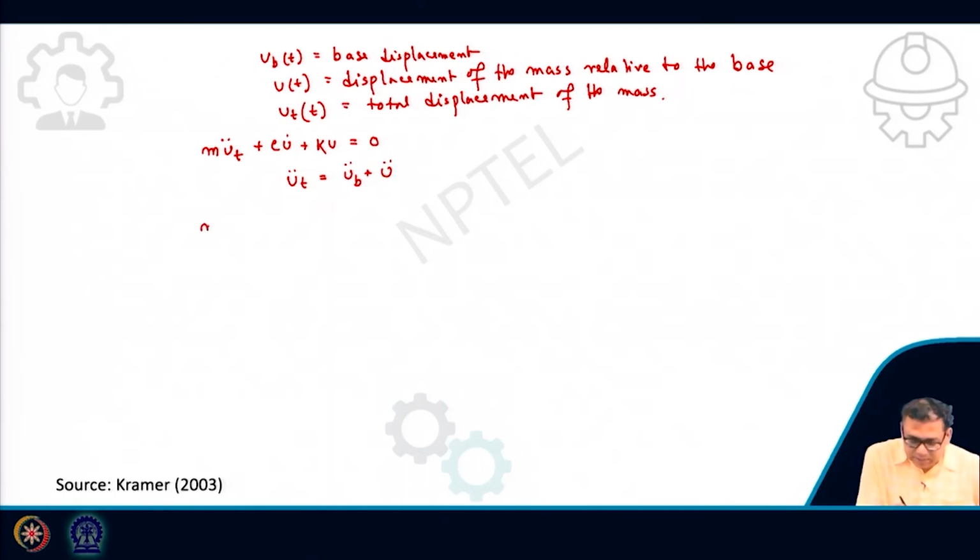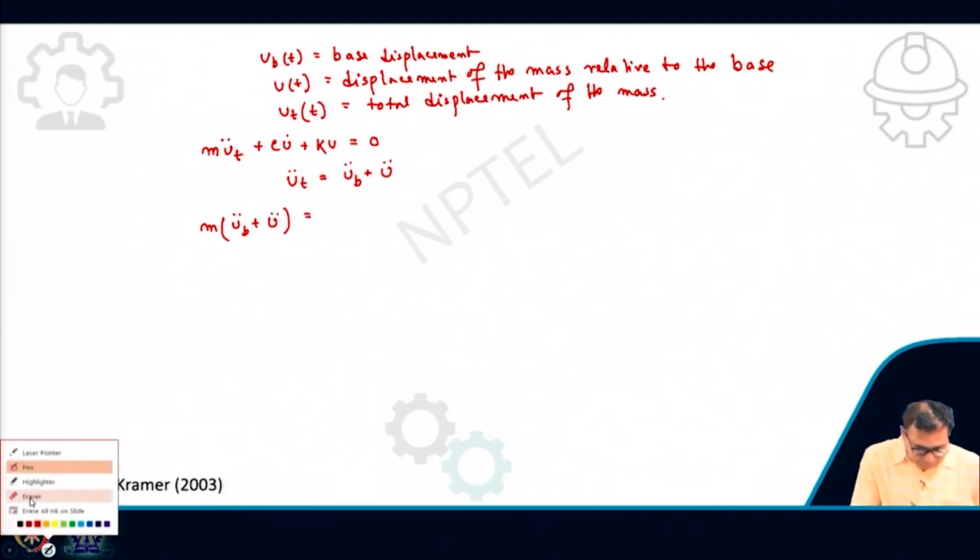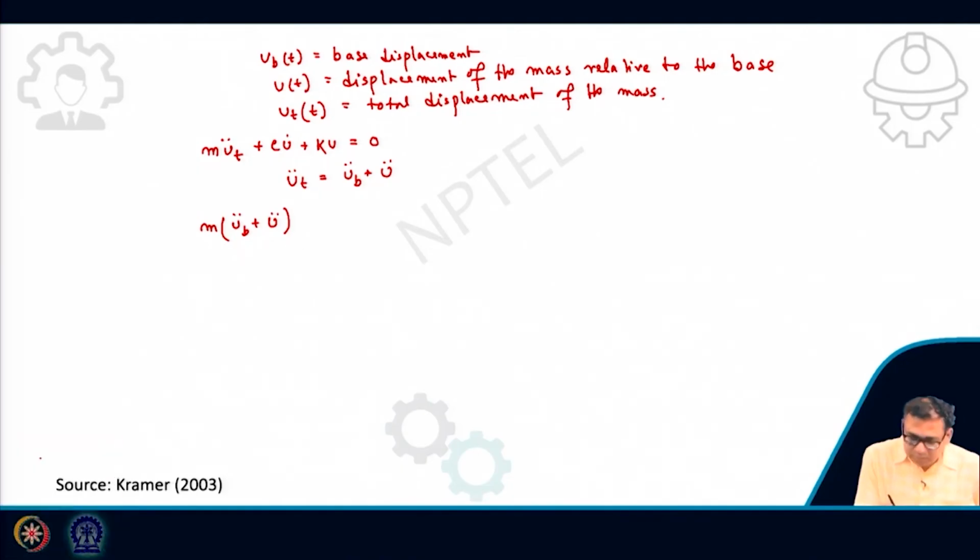Now if I replace that, m times (u_b double dot plus u double dot), plus c u dot plus k u, that will be equal to 0. Now if I rearrange, I can write m u double dot plus c u dot plus k u equal to minus m u_b double dot.